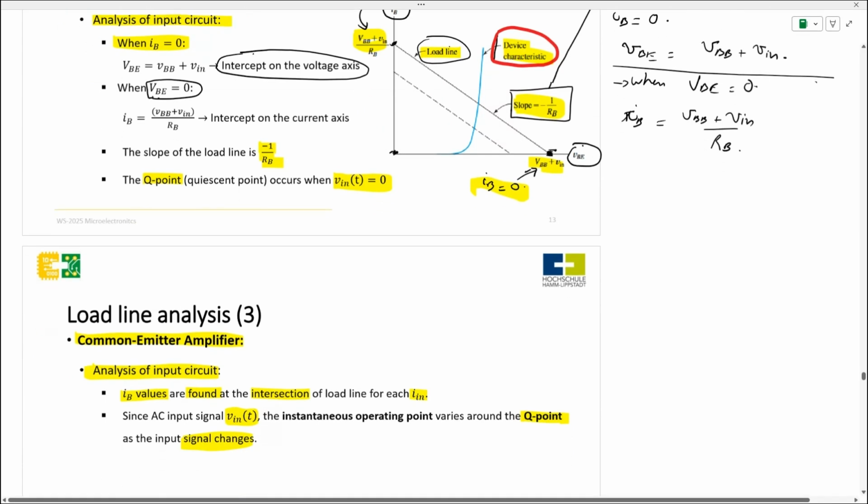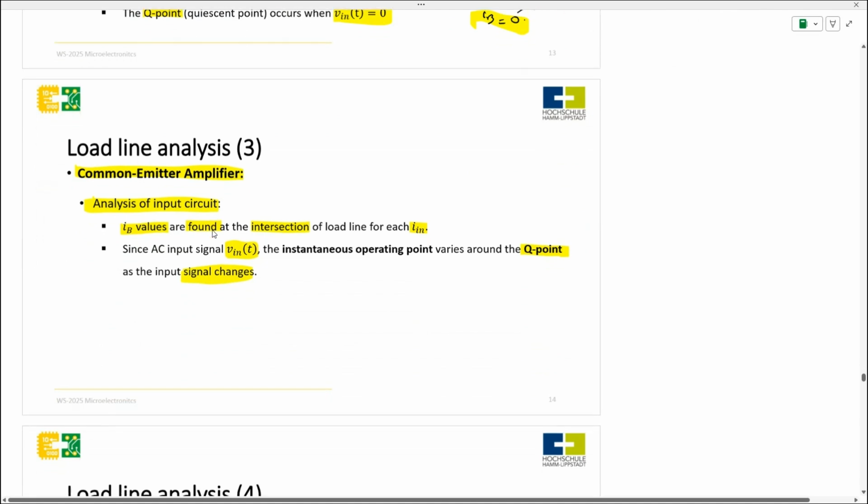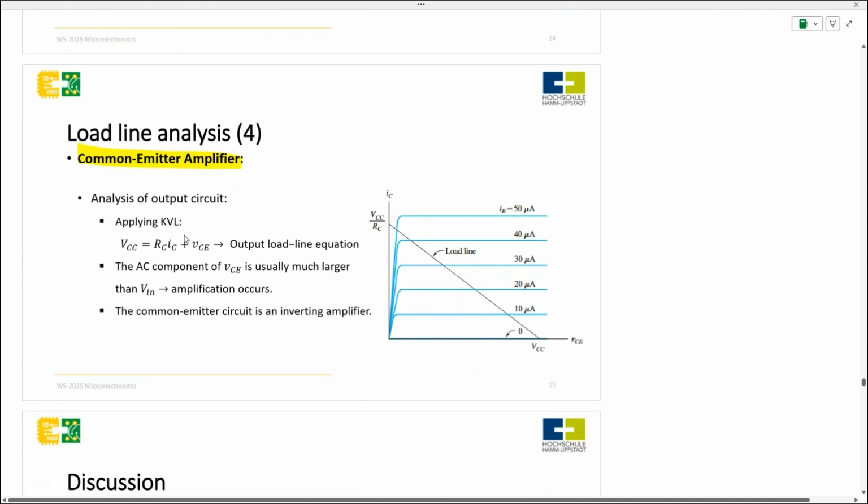Then the second part: since the AC input signal Vin(t) changes, the instantaneous operating point varies around the key point as the input signal changes. It's tricky, but I believe we can go through it.